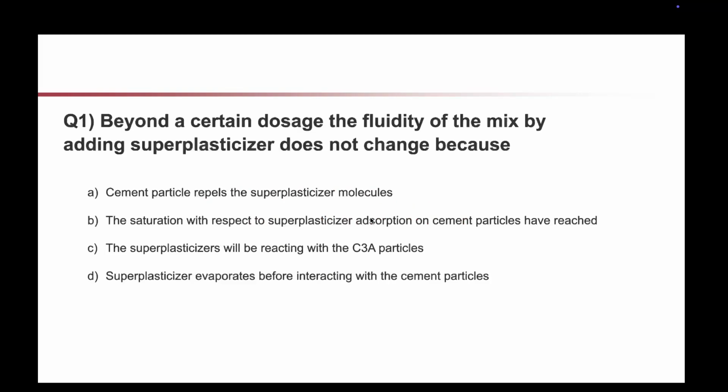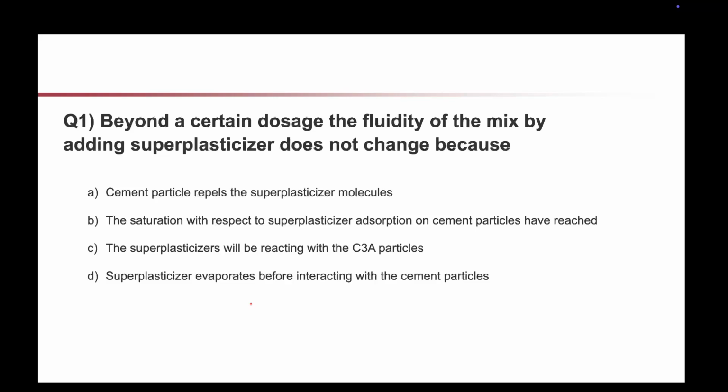The first question is: beyond a certain dosage, the fluidity of the mix by adding superplasticizer does not change. Why is this happening? Because cement particles repel the superplasticizer molecule; saturation with respect to superplasticizer adsorption on cement particles has been reached; the superplasticizer will be reacting with the C3 particles; or superplasticizer evaporates before interacting with the cement particles.